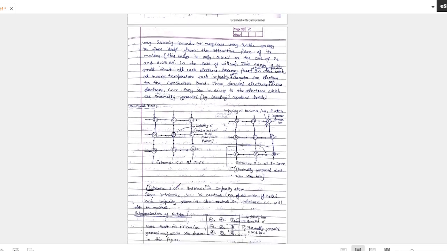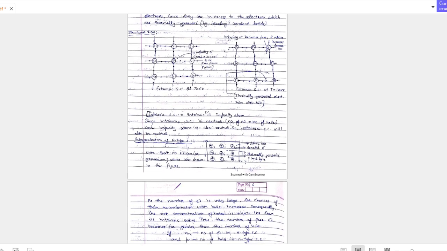If we increase the temperature, the electrons also break bonds, but even before bond breaking starts, we still have those electrons which contribute to conduction. When we increase the temperature, they start moving and the current increases continuously. So this is all about N-type semiconductor.